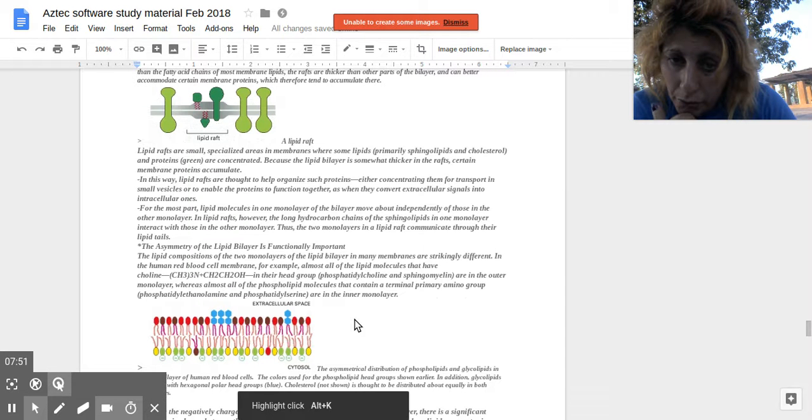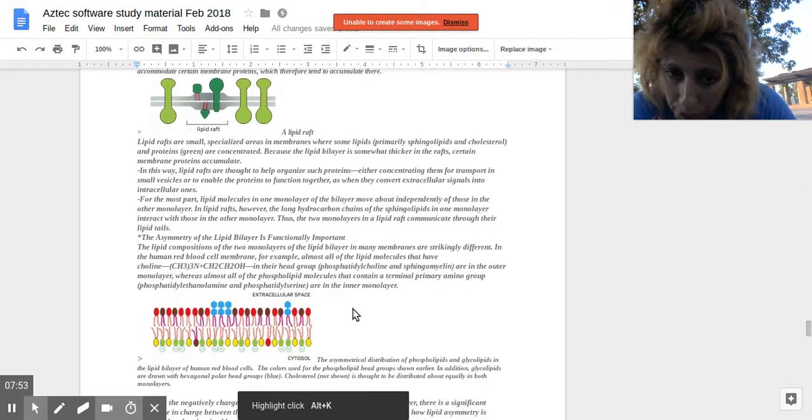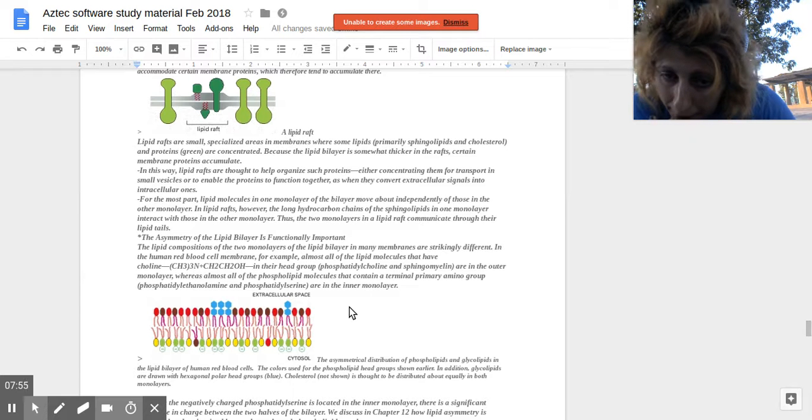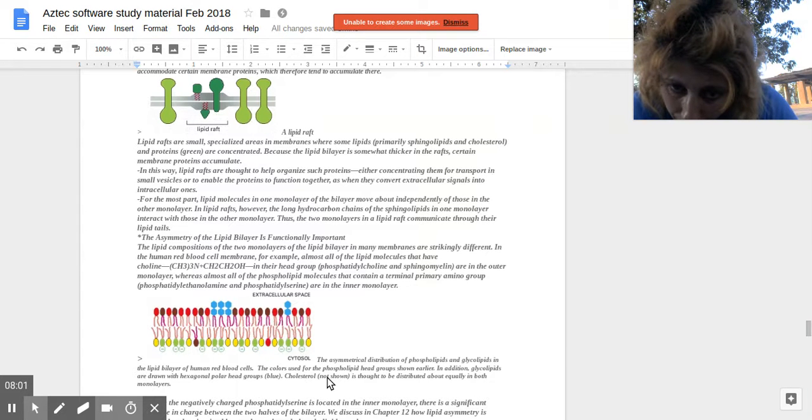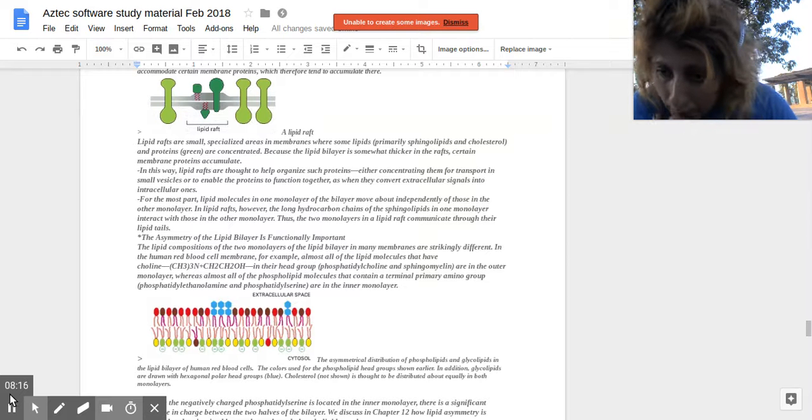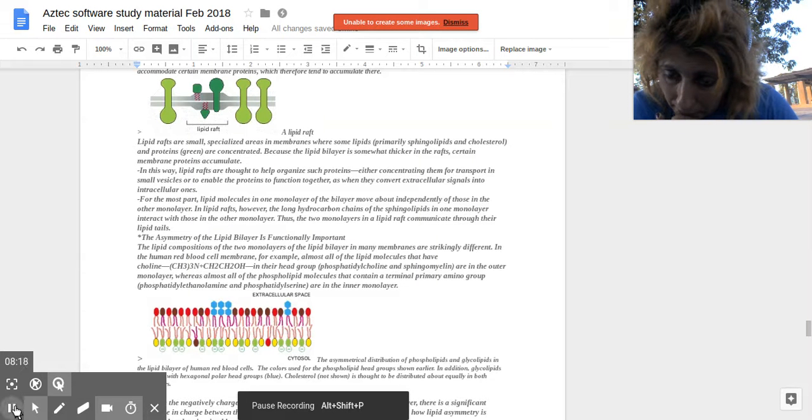So here is shown the asymmetrical distribution of phospholipids and glycolipids in the lipid bilayer of red blood cells. The colors are used for phospholipid head groups. In addition, glycolipids are drawn with hexagonal polar head groups in blue. Cholesterol is thought to be distributed about equally in both monolayers, so it is not shown.